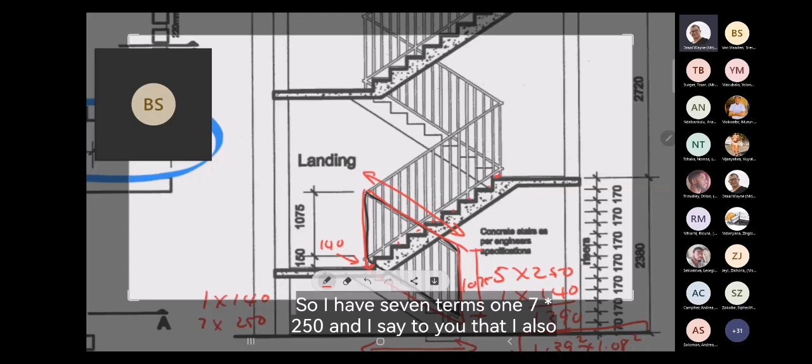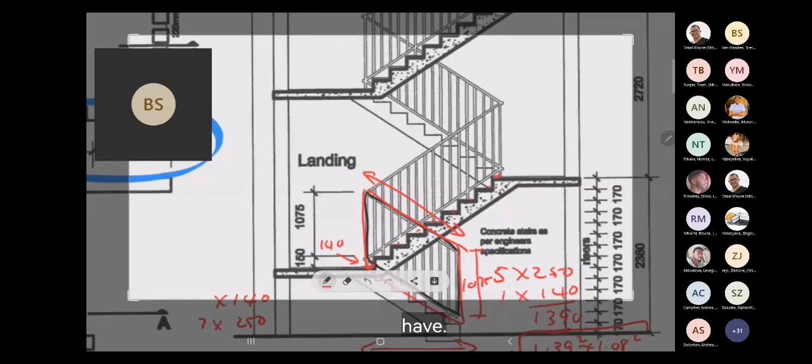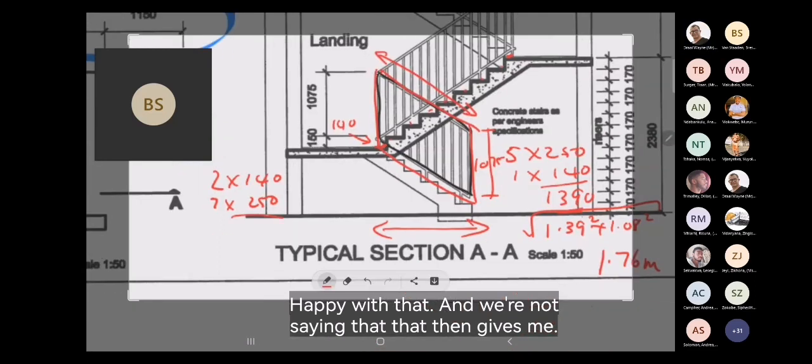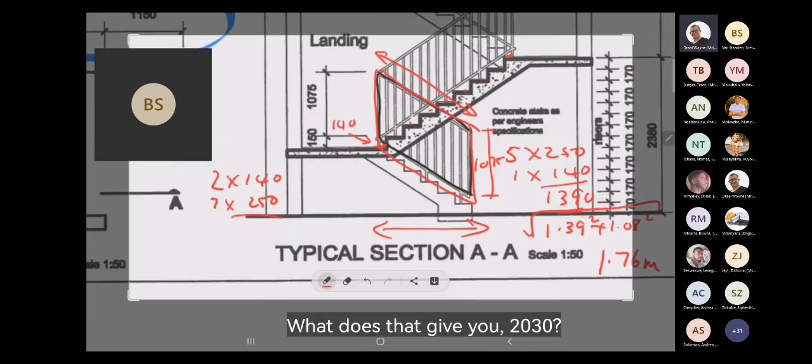So I have 7 times 250, and I say to you that I also have 2 by 140. You agree with me? Agree with that? And when I say that, what does that give you? 2030.